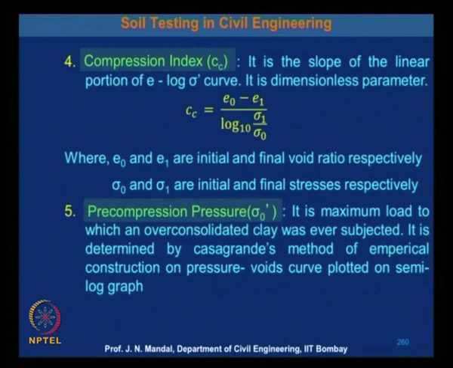It is determined by the Casagrande method of experimental empirical construction on the pressure and void ratio curve plotted on the semi-log graph paper. So, from the semi-log graph paper you can determine the precompression pressure. I will show you later how you have to determine the preconsolidation pressure, that is sigma 0 dash. So, this pre-consolidation pressure also is very important.